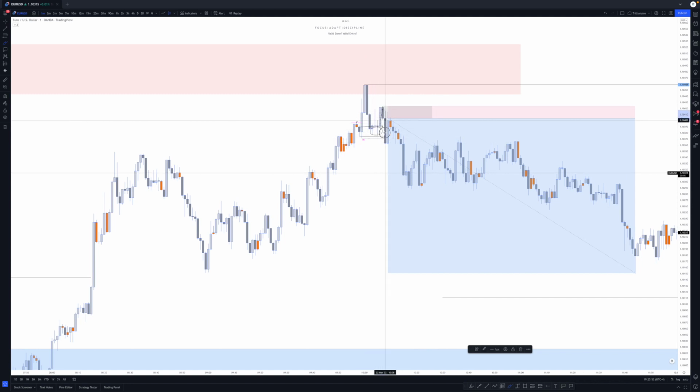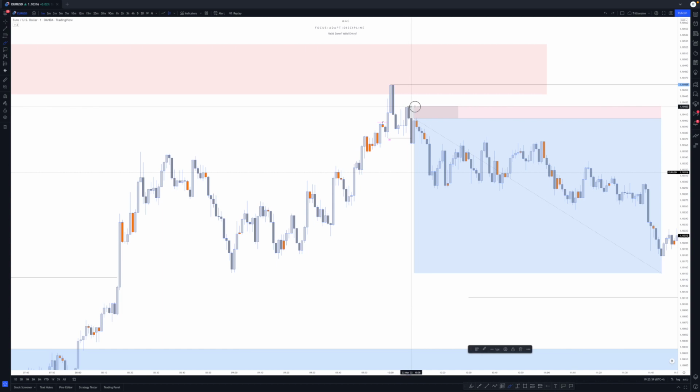That failed reaction gets taken out with some type of supply that came into the market here. And as soon as we have that change of character, which would be here, that change of momentum and that demand failure, our entry opportunity was right here within this area, price coming back to the supply that's responsible for taking this low out right here.